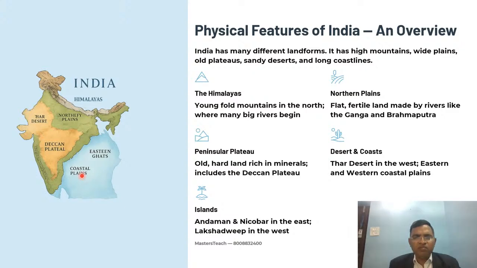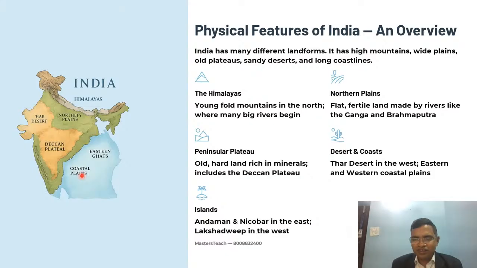Then the peninsular plateau, old and hard land rich in minerals, which includes the Deccan Plateau. Then the Thar Desert in the west, and the eastern and western coastal plains. Then islands on both sides, Andaman and Nicobar in the east and Lakshadweep in the west. These are the physical features of India.